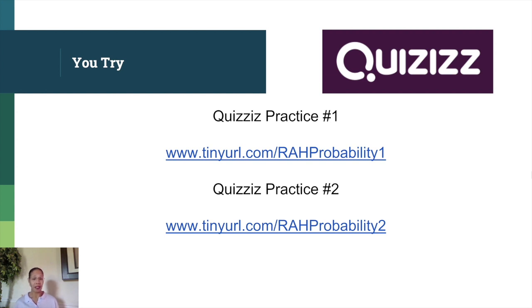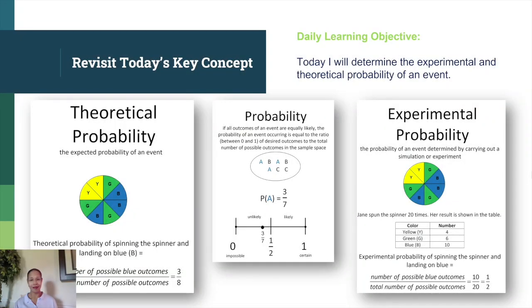The quizzes activities will give you immediate feedback on your answers so that you know if you're headed in the right direction. You can always return to this lesson to revisit the vocabulary cards to help you remember the differences between theoretical and experimental probability and how to perform the calculations.